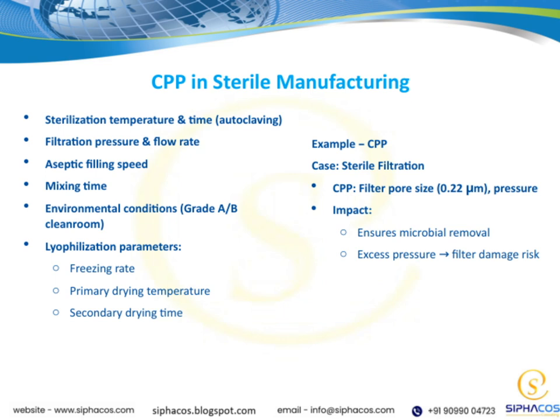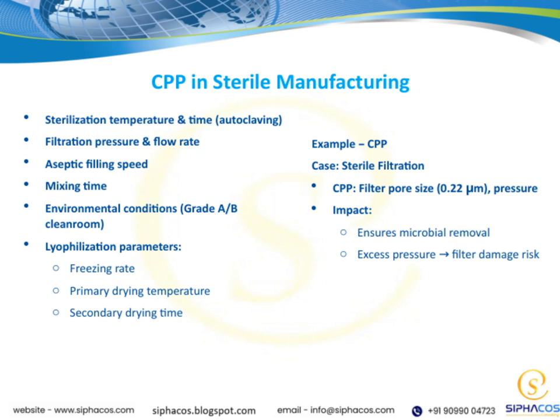Aseptic filling speed is another key factor. Faster filling can increase productivity, but must be controlled to maintain aseptic conditions. Mixing time is also important to ensure uniformity without introducing contamination. Environmental conditions, such as operating in grade A or B cleanrooms, are essential to keep the process sterile.